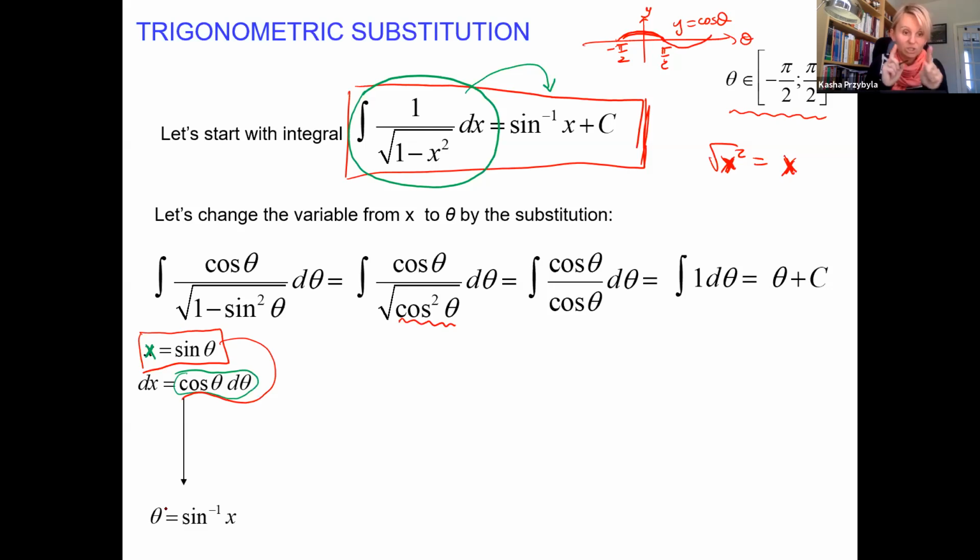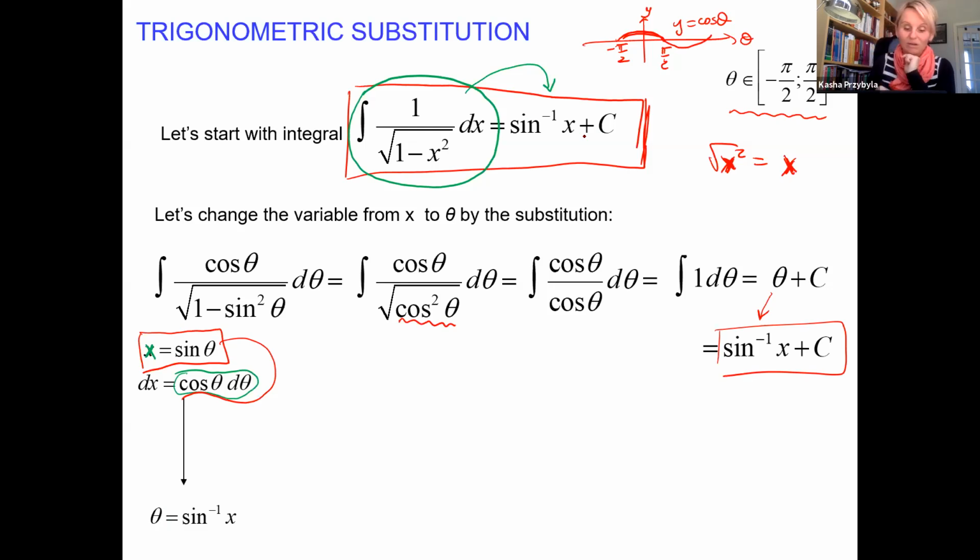That's just the inverse definition. Then I can write theta is inverse sine of x. And that's what we were expecting. That means we did start with the formula and we knew it. That's the point. This is the way to do it.